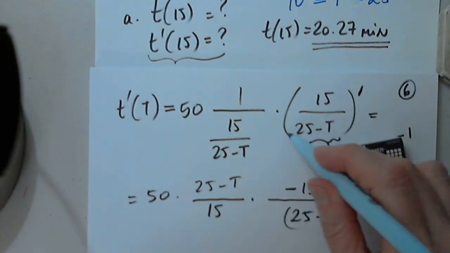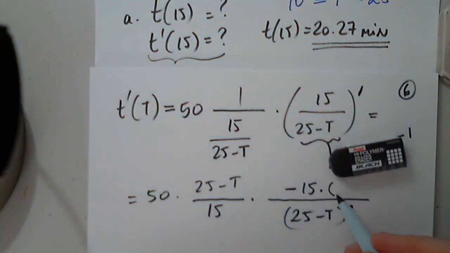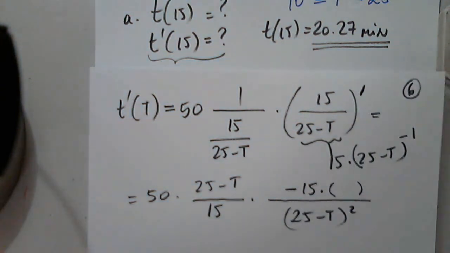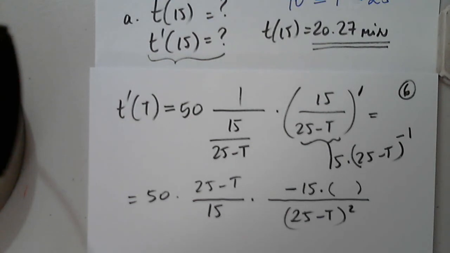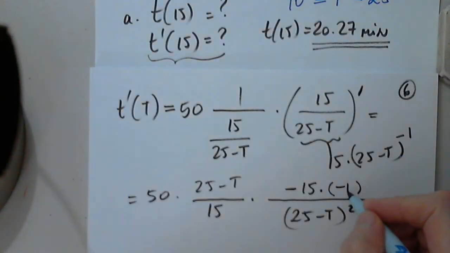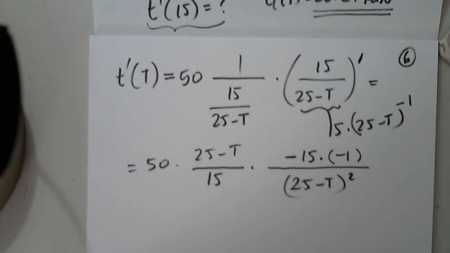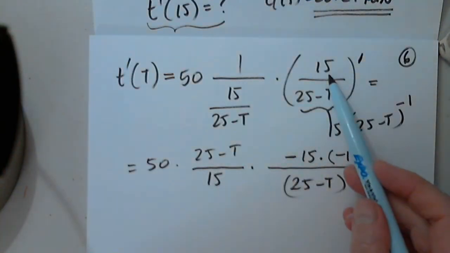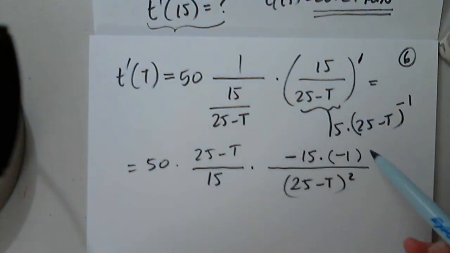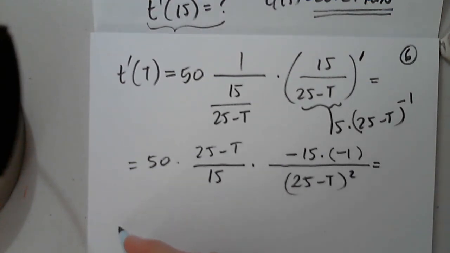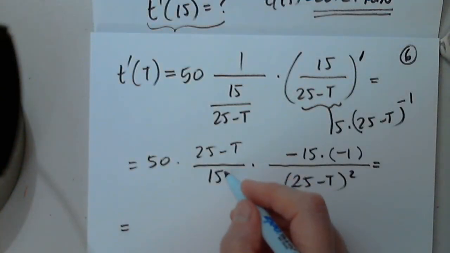What is the derivative of the denominator? Negative 1. Brilliant, thank you. So that's why you must be careful whenever the numerator is a constant when you apply the quotient rule. Be very careful.